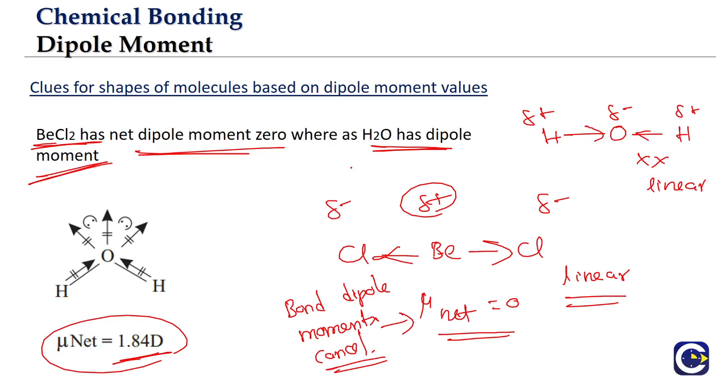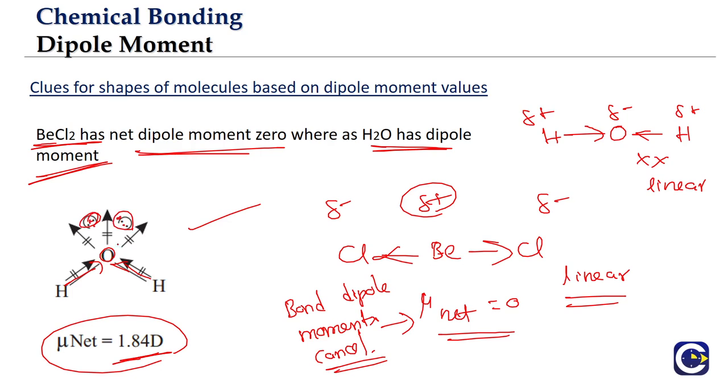So what you see here is that H2O should not have a linear shape. Later we will see that H2O in fact has a non-linear shape. In H2O, there will be a dipole moment for the oxygen-hydrogen bonds, and also the oxygen will have 2 lone pairs.